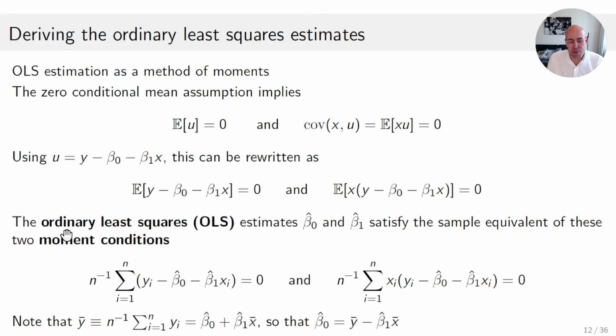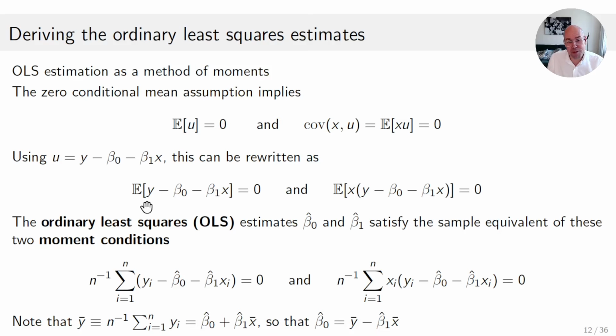What the ordinary least squares estimates actually are, and I'm going to denote them here by beta naught hat and beta 1 hat, is that they satisfy the sample equivalent or analog of these two moment conditions. So these things are called the moment conditions, and they hold in the population.